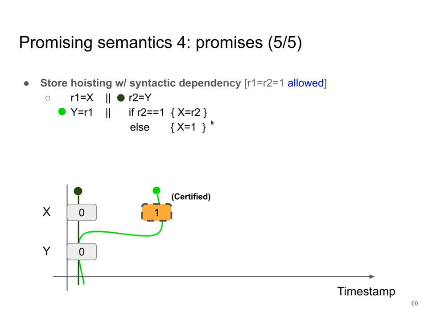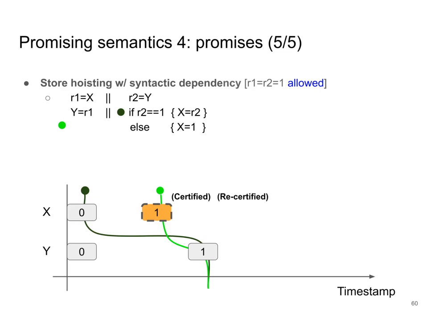Now, the story is almost the same for the left thread. It is reading 1 from the promised value, and then it is writing y equals 1, finishing its execution. Now, the story is the same for the first instruction in the second thread: it may read y equals 1. And after reading y equals 1, as I said, we need to recertify the execution.